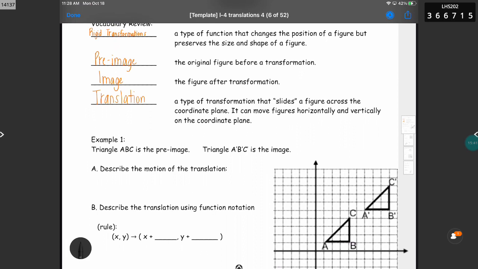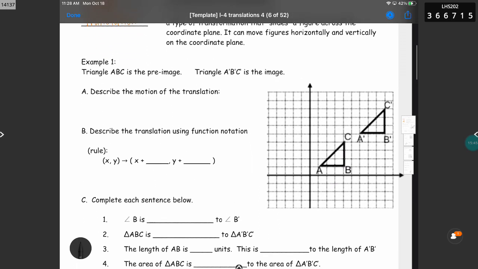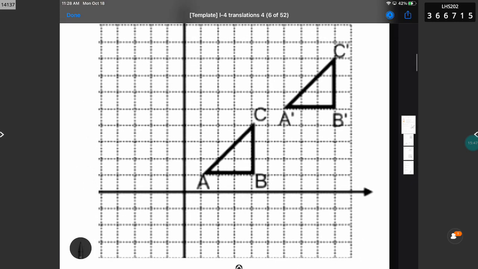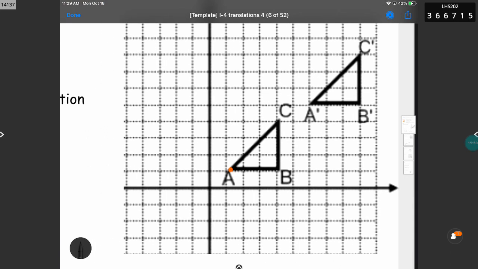All right, so it says triangle ABC is the pre-image and triangle A prime, B prime, C prime is the image. Describe the motion of translation that took place. So I am going from A to A prime. How am I getting there? Moving 1, 2, 3, 4, 5 to the right. And then you're moving up 1, 2, 3, 4.